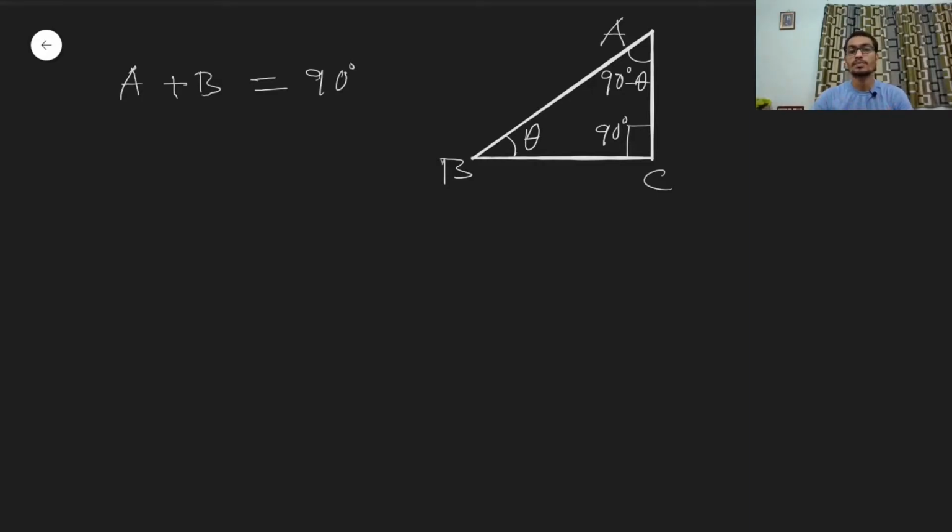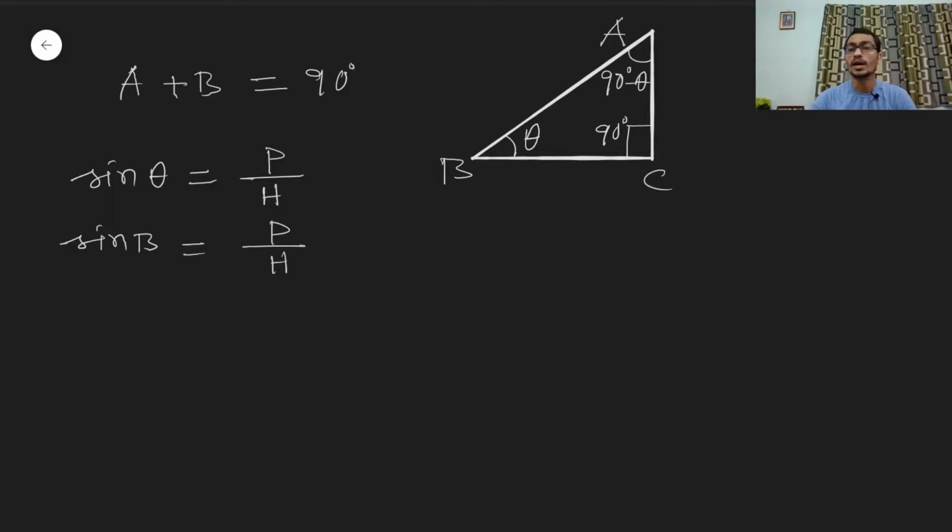Okay, so what we got: sine theta equals, by our definition, perpendicular by hypotenuse. Here theta angle is angle B, so sine B equals perpendicular by hypotenuse. But which side is our perpendicular?